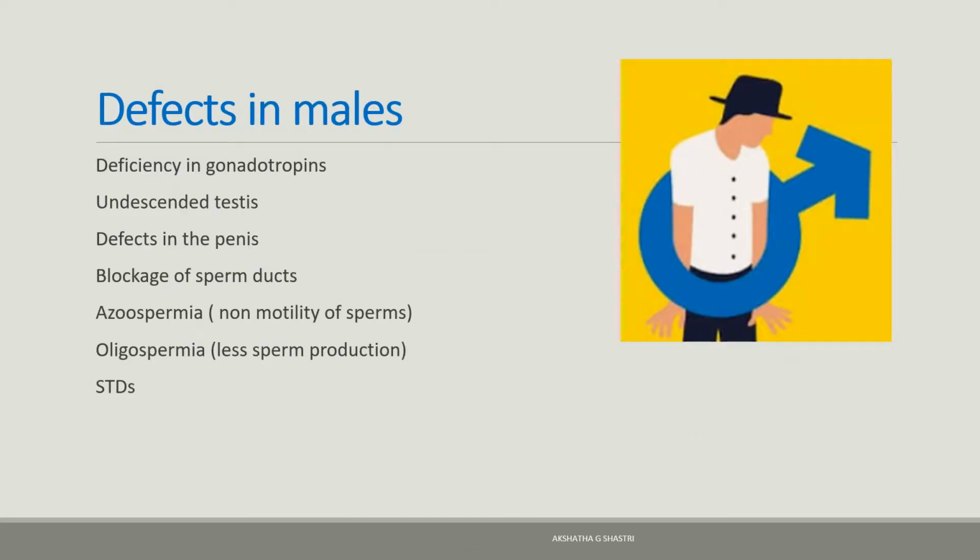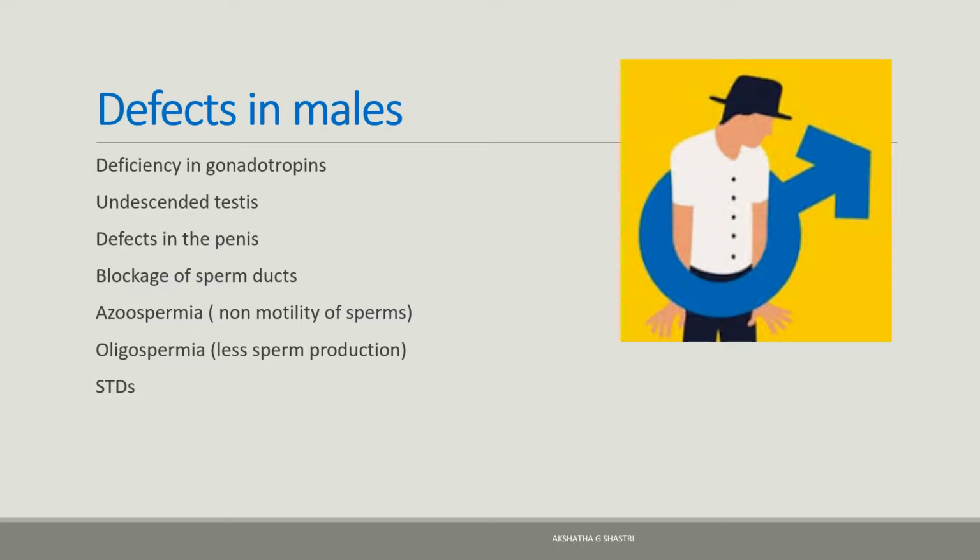Now let us see what the defects in males are. The first defect is the deficiency in the gonadotrophins. Gonadotrophins are the hormones which regulate the gonads, that means in males, the testes. The gonadotrophins are of two types.